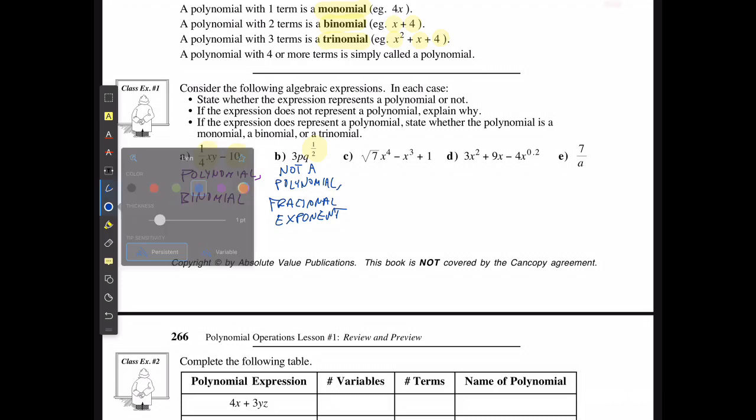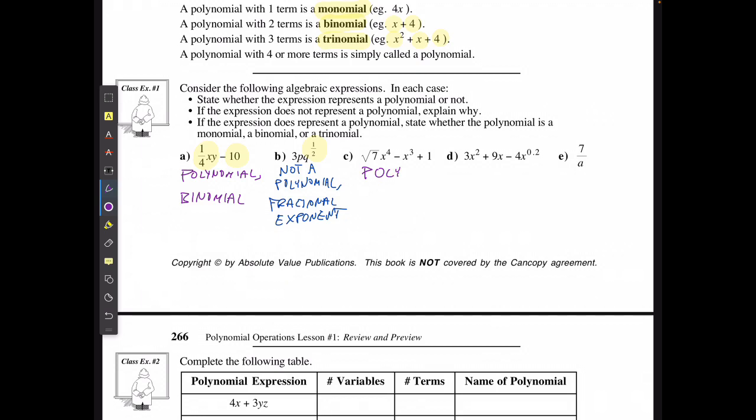The third one is once again a polynomial.